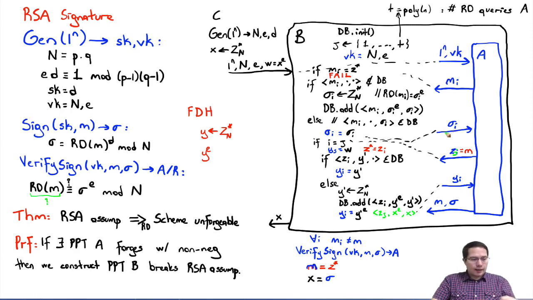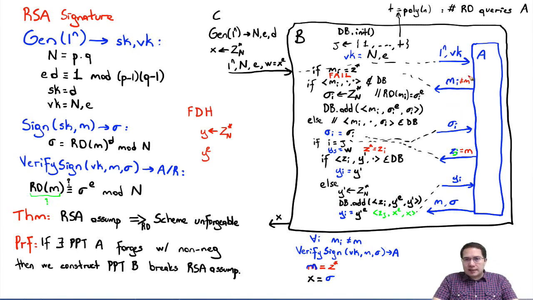Now, the other issue is that, let's say yes, the adversary queried for M at some point to the random oracle. Furthermore, for the adversary to output a successful forgery here, remember, this M should have never been queried to the signing oracle. So nowhere here should be M. So M must have been queried to the random oracle, otherwise the adversary can only win with negligible probability.